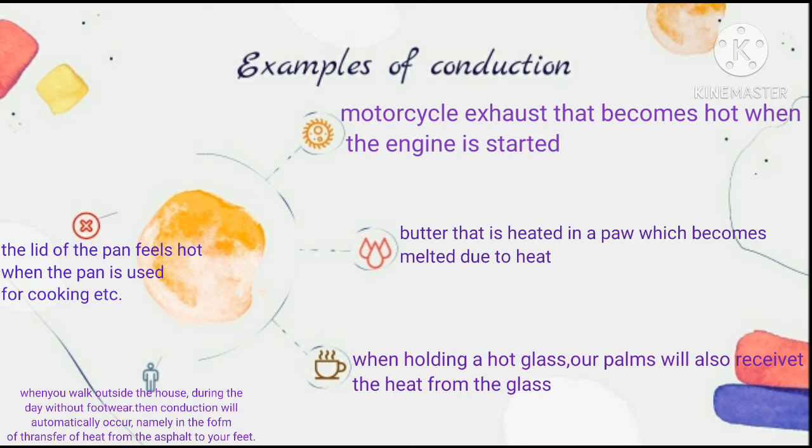Four, water will boil when heated using a metal pot over a flame. Five, the heat of the pan comes from the stove used when cooking. Six, when ironing clothes, heat from the iron is transferred to the clothes because they are rubbed directly, so the clothes become warm.